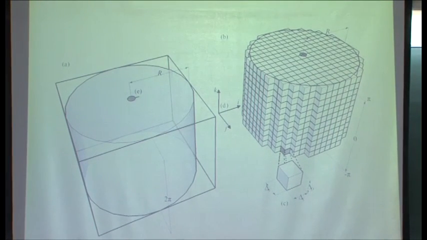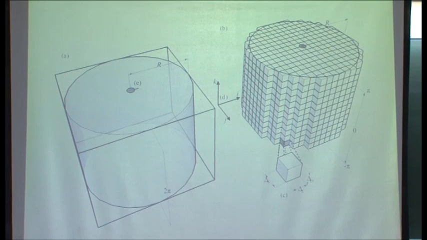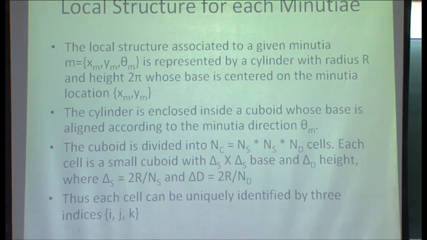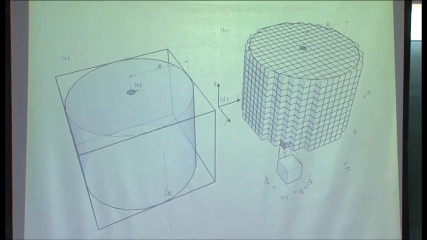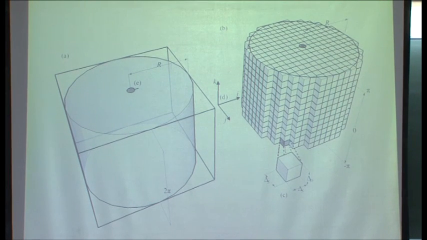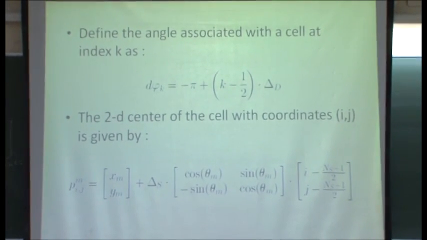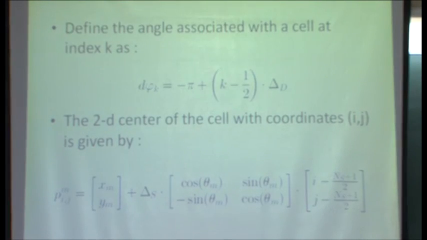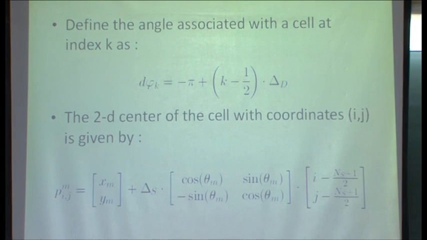Now we divide the cuboid into small compartments, that is cuboids, where we can identify each cuboid with a unique index ijk. We can define the angle for each cell, that is the cell at height k, which will lie between -pi to pi.